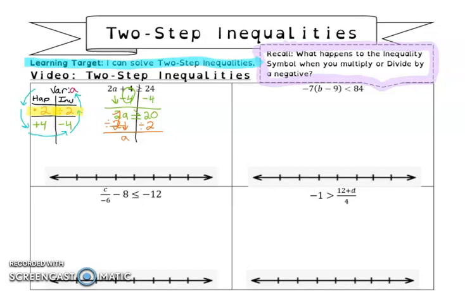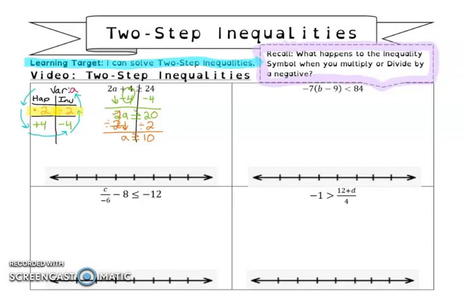And 20 divided by 2 leaves us with 10. Bring down that same exact symbol, and we get a is greater than or equal to 10. Okay, a is greater than or equal to 10.